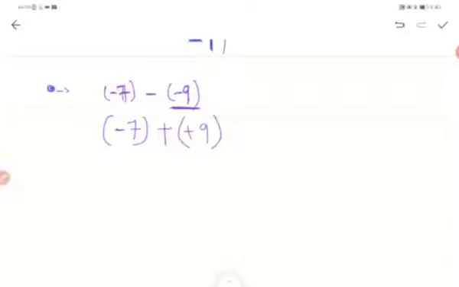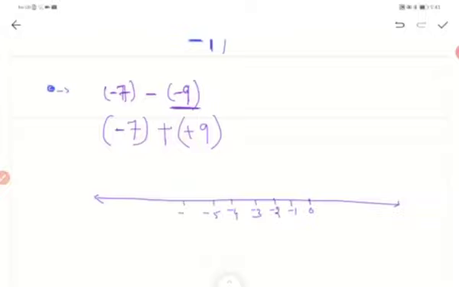Okay, so let me find it by using the number line. I will take 0 here. This is -1, -2, -3, -4, -5, -6, -7. And 1, 2, 3 on the right side.